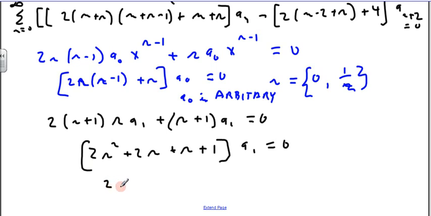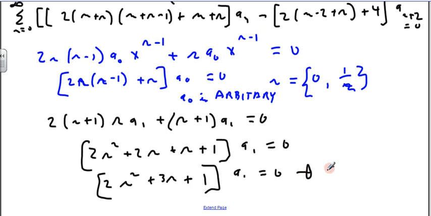I have 2r squared plus 3r plus 1 times a1 has to be 0. I put in a 0 and I don't get a 0 unless a1 is 0. I put in a 1/2 and I don't get a 0 unless a1 is 0. That implies that a1 is going to be 0. And that I have a recurrence formula.